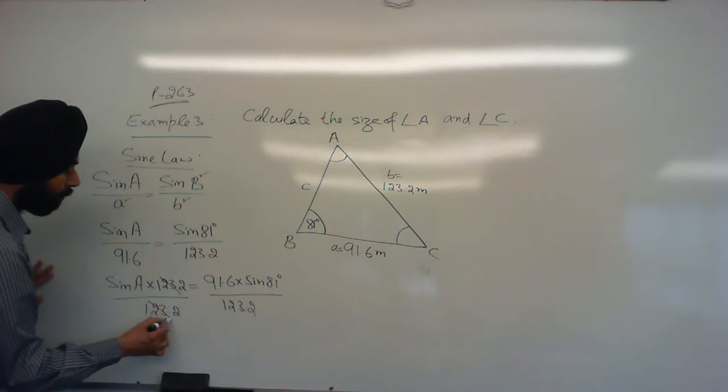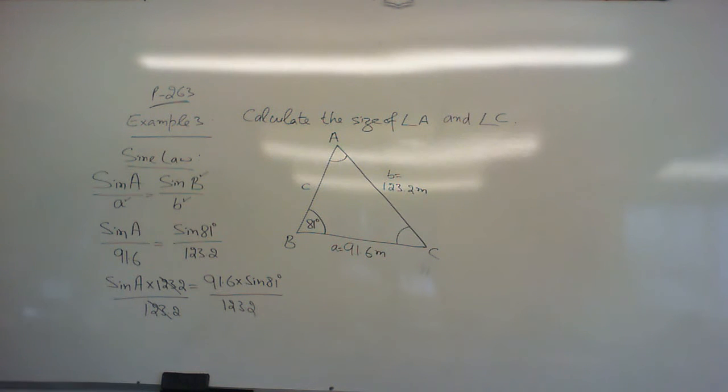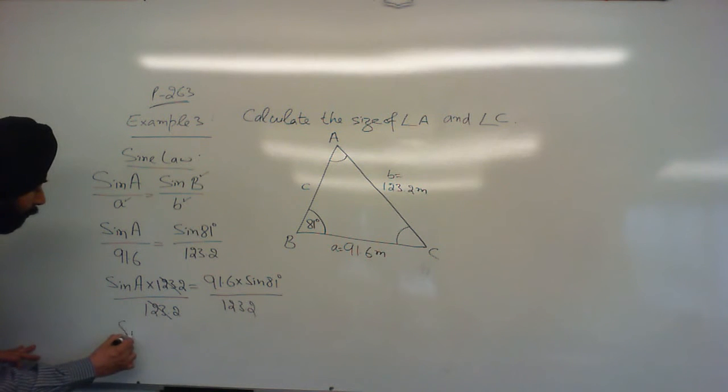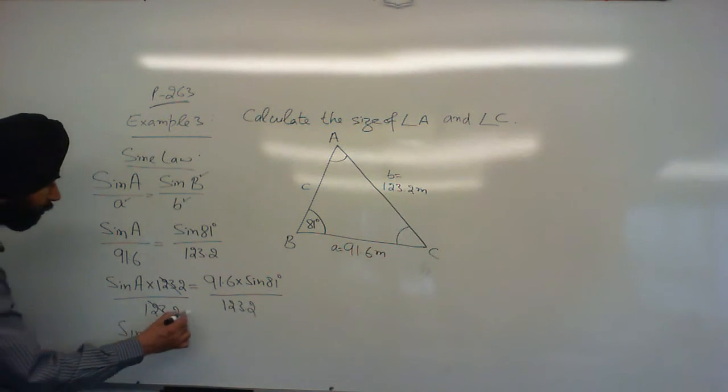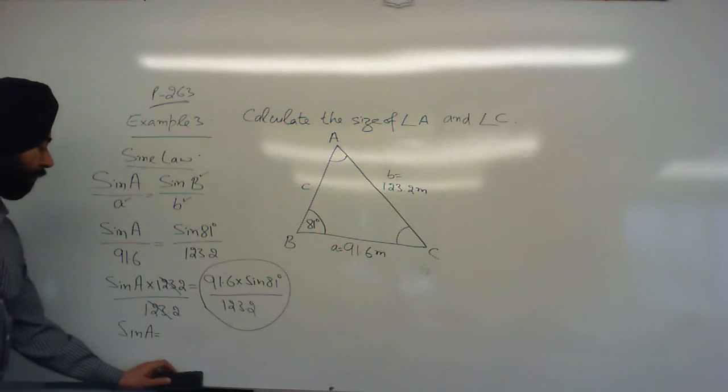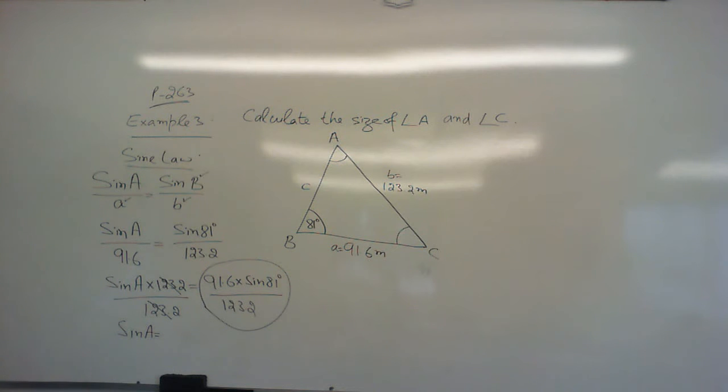This way you will be able to cancel this out. So that leaves you with sine A is equal to this whole thing. You need to calculate this. 91.6 times sine 81 divided by 123.2.